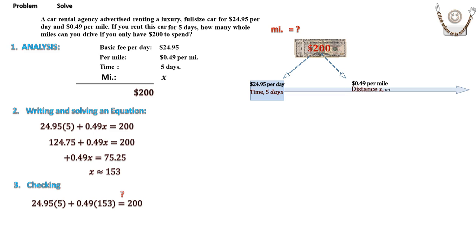Use your calculator and you will see yes. Now, last step, we have to write the answer. 153 miles. So if you have $200 and if you have to drive 5 days on these conditions, you can drive a total of 153 miles.